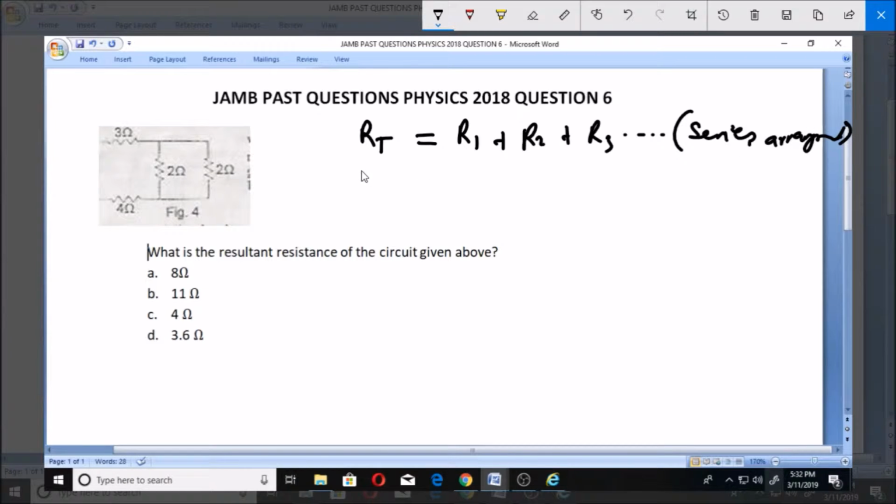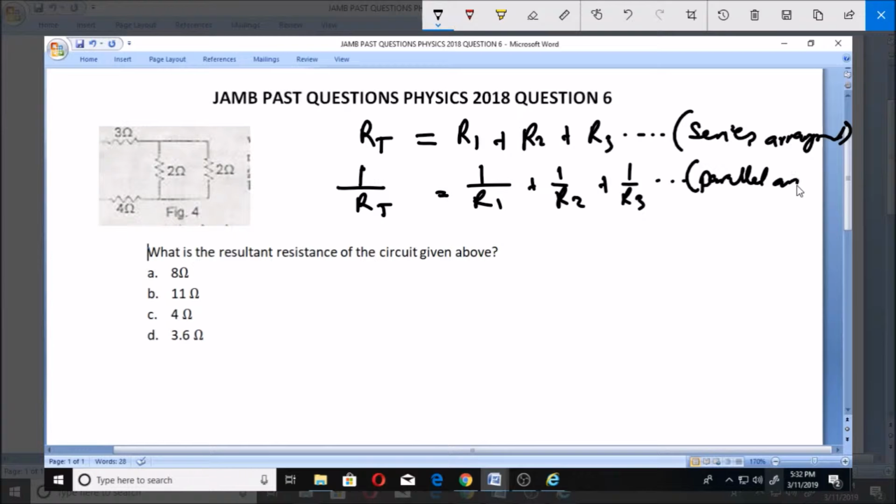Now, if they are in parallel, 1 over R total is going to be 1 over R1 plus 1 over R2 plus 1 over R3. So this is for parallel arrangements. These are the 2 formulas for calculating.